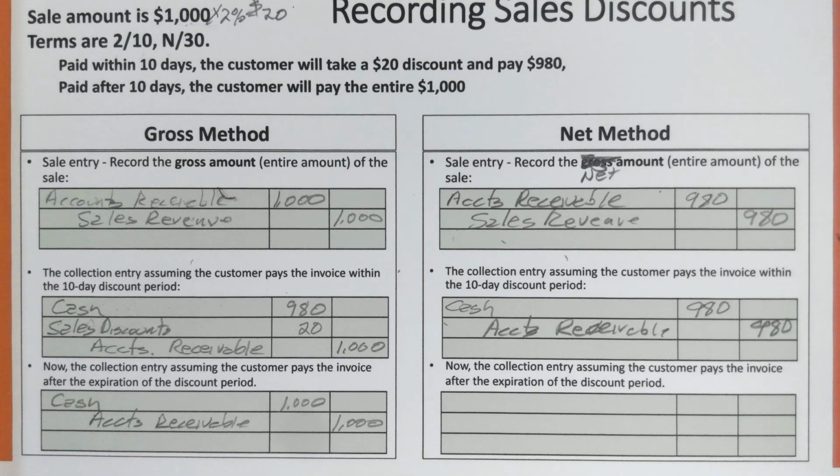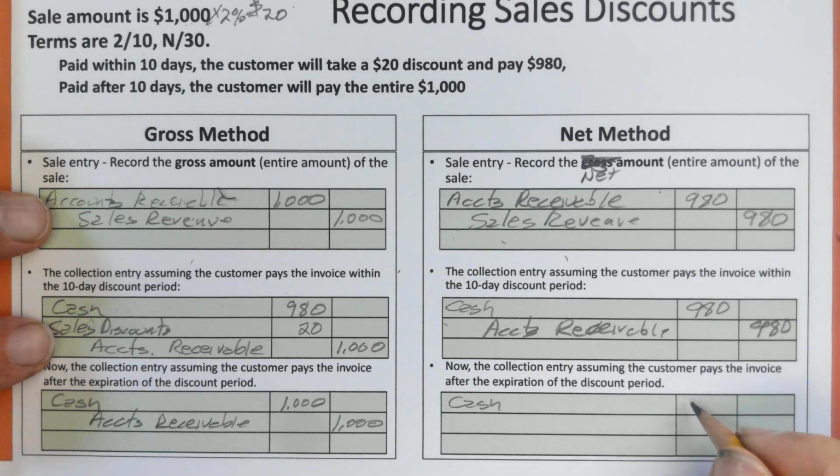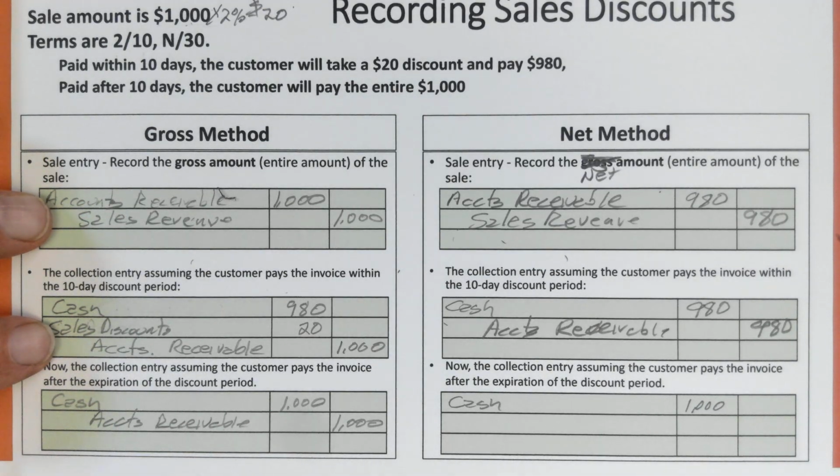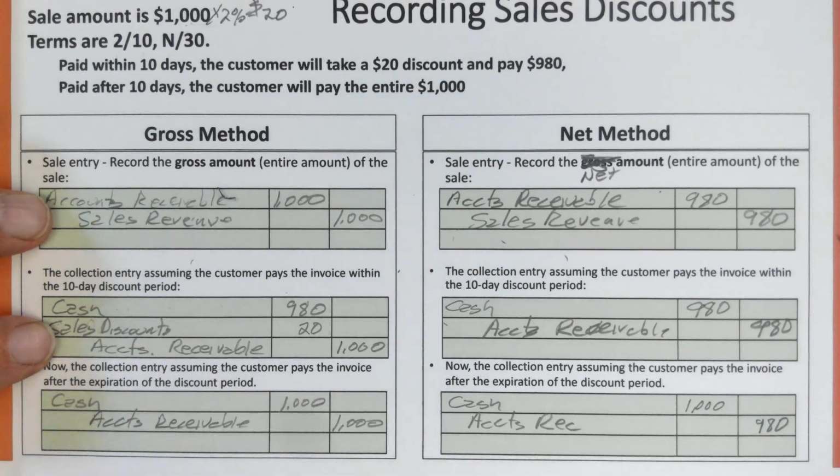So now what happens if the customer misses the discount? Well, no problem. If they miss the discount, we're going to get cash of the $1,000, and this will pay off the entire accounts receivable. But remember, the amount that we recorded is the $980. So we're going to credit $980. And then we've got this $20 left.